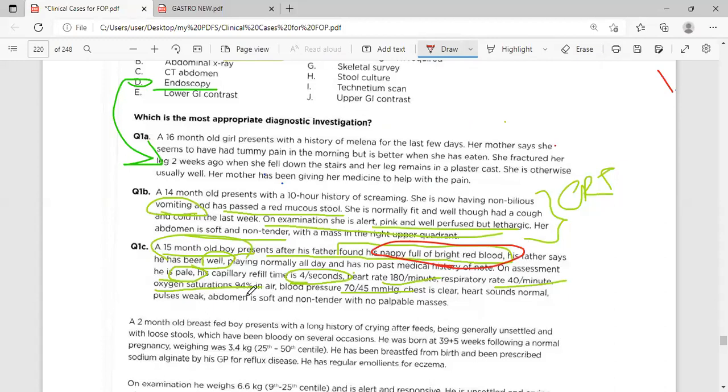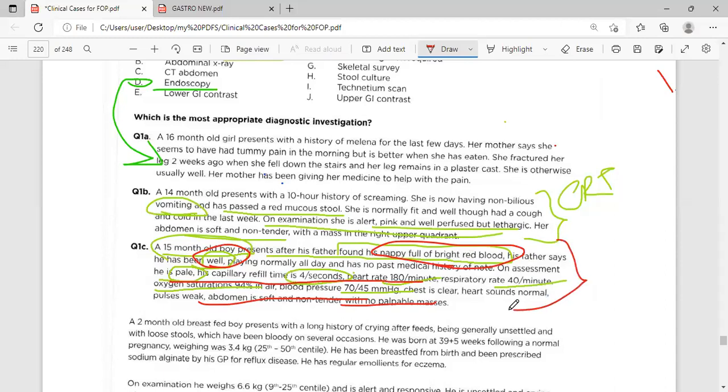They said that his abdomen is soft, non-tender, no palpable mass. He is playing well and everything is okay, but he's pale. Also, he is having increased CRT. That means the child is going into shock.